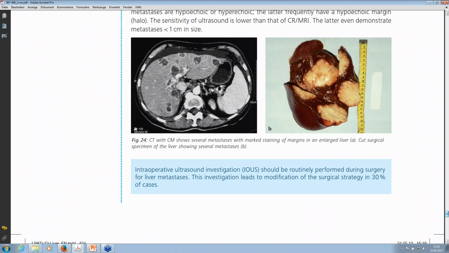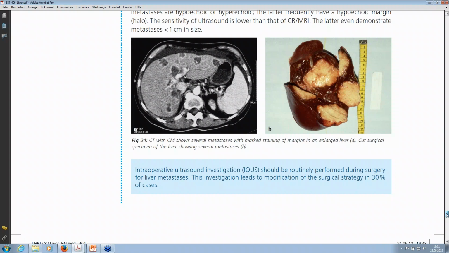And this CT, maybe you would like to comment, is very typical for metastases. Yes, you see, as Peter said, multiple lesions, and you see a target sign or a bullseye lesion sign, which means that the rim that consists of the compressed liver tissue has a different density than the central proliferating part of the lesion.